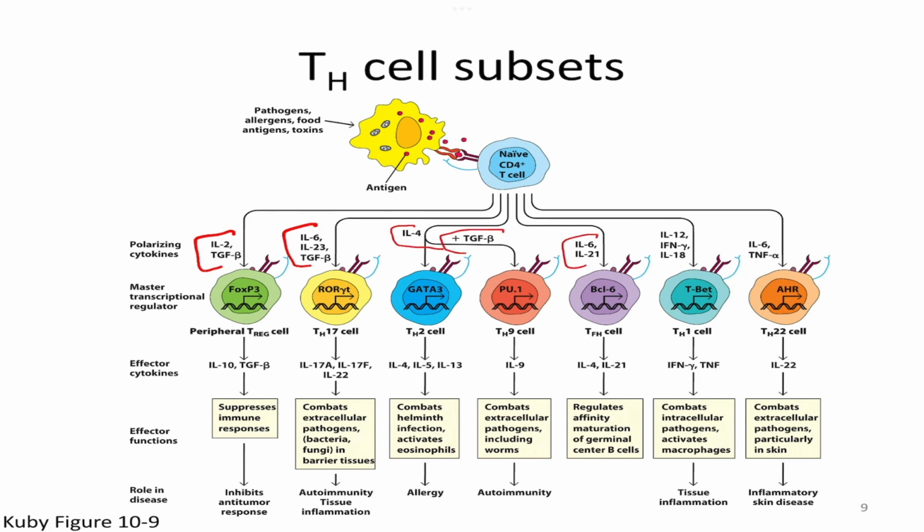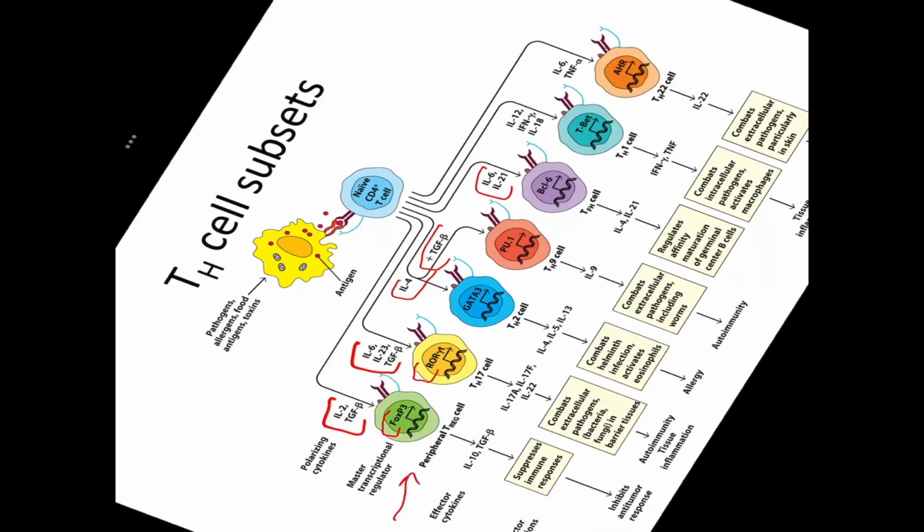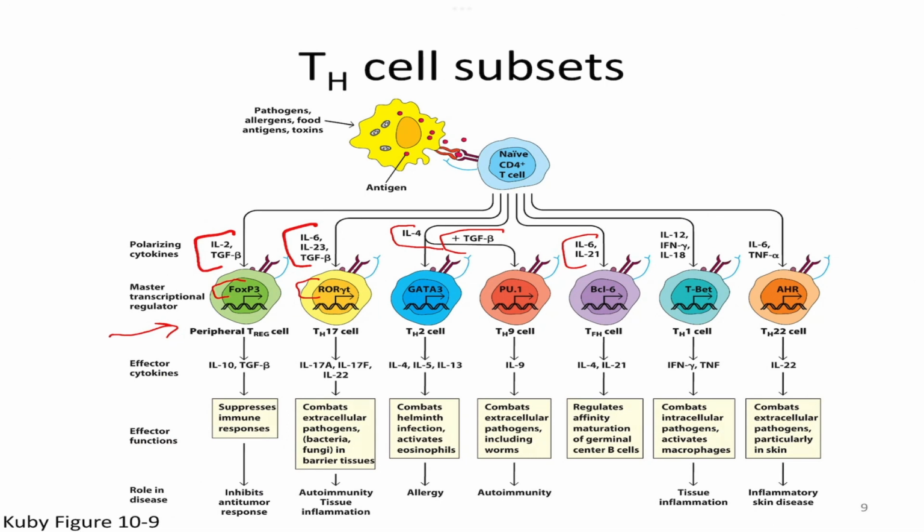That will turn on a particular transcription factor to push that cell to grow up and differentiate and become a particular type of helper T cell. And those helper T cell types are listed here. The definition of those helper T cell types is in fact that they have that particular transcription factor active, as well as that they are producing a particular effector cytokine.